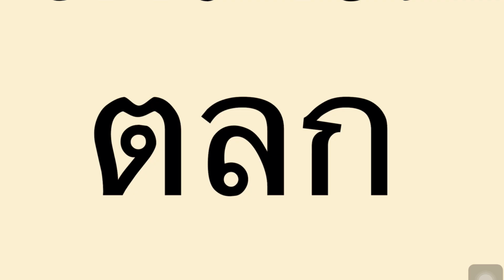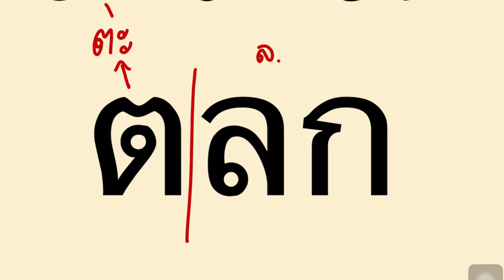Next up, we've got a funny word that means funny. So again, the first letter is read separately with an a sound. So ta, ta. And the second one, you don't see a vowel. So again, that's an o vowel. And you've got a kokai ending. Now, usually you would read that lok, lok with a high tone.